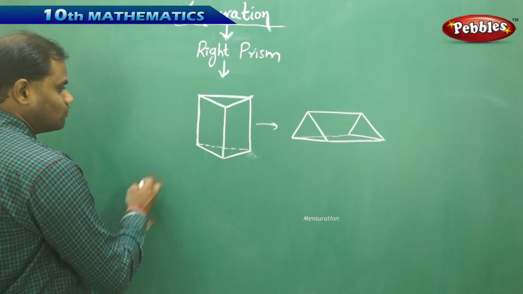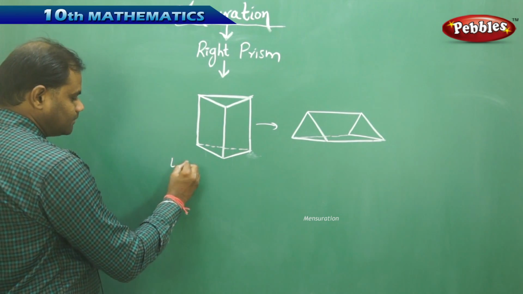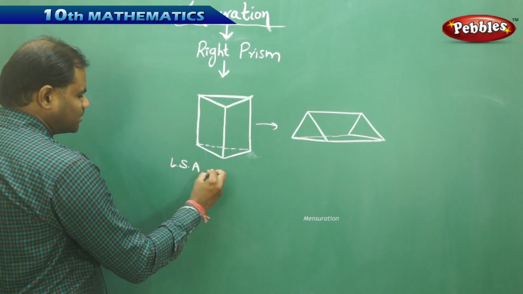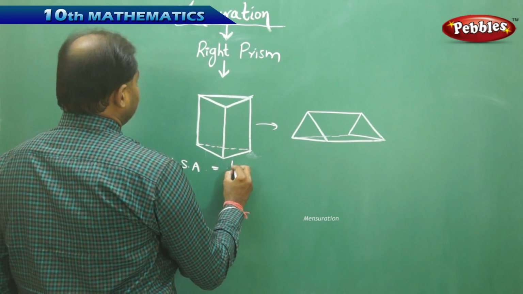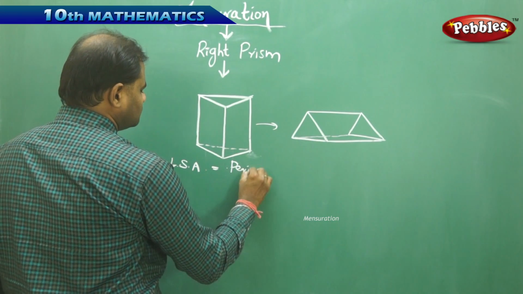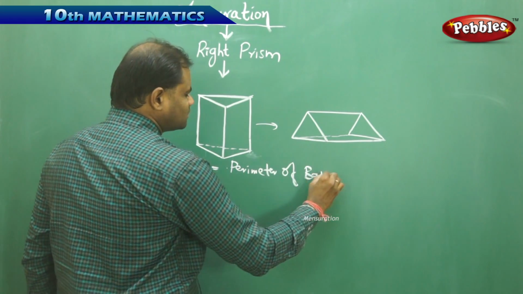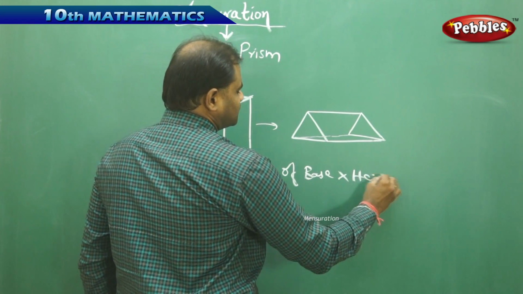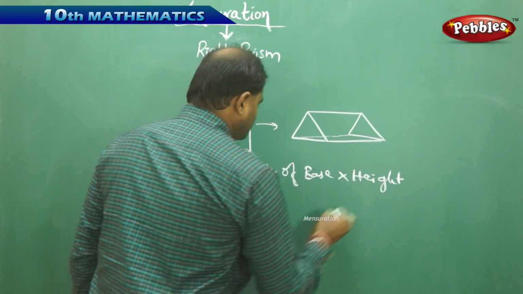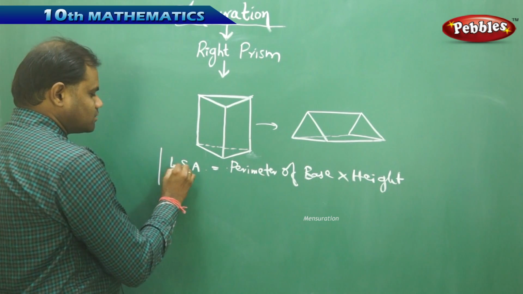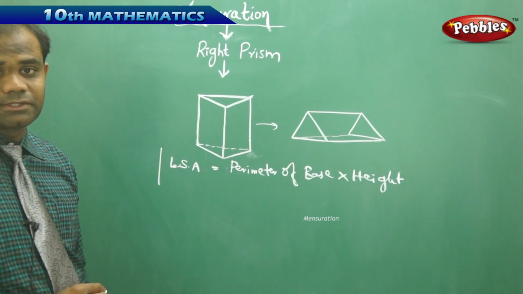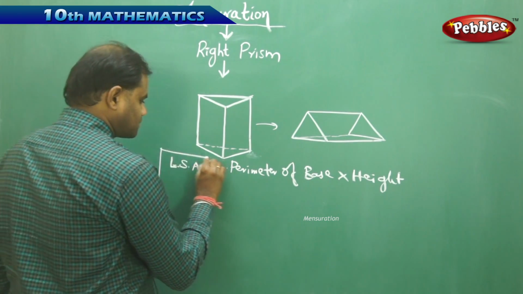In this case, the formula being the LSA of a prism is perimeter of base into height. So this is the basic formula we generally use in simplifying that for the lateral surface area without its dimensions.